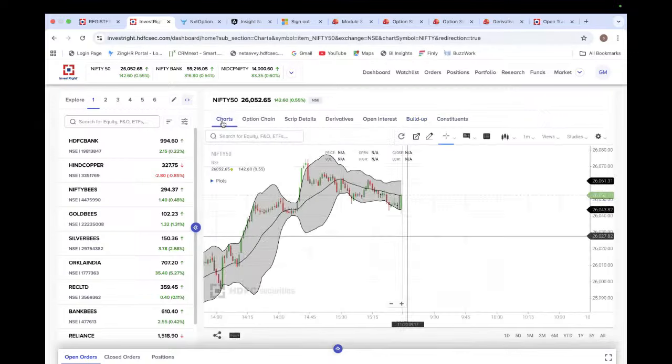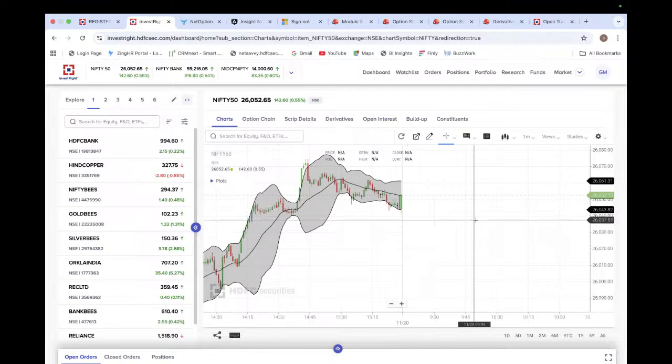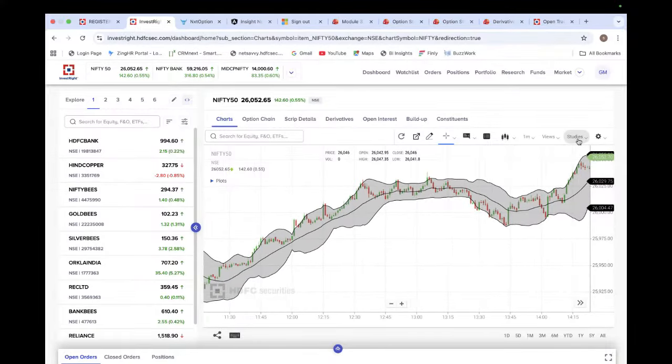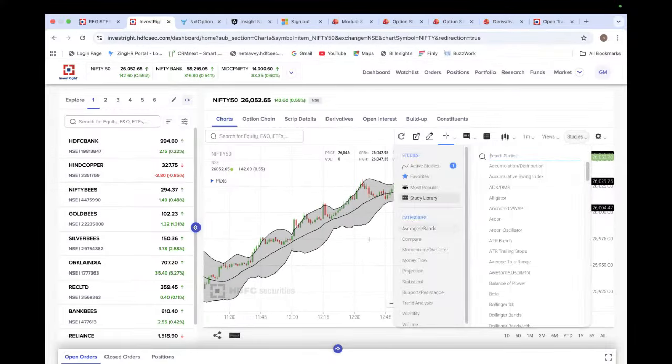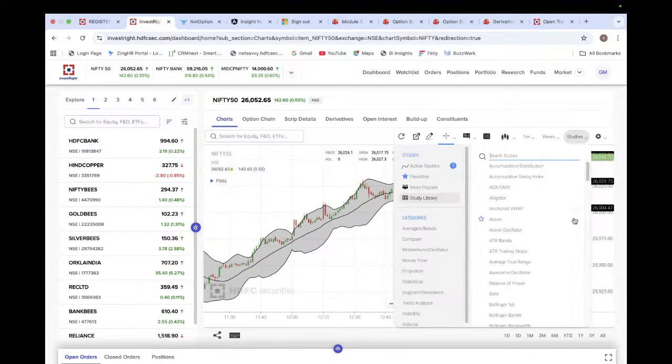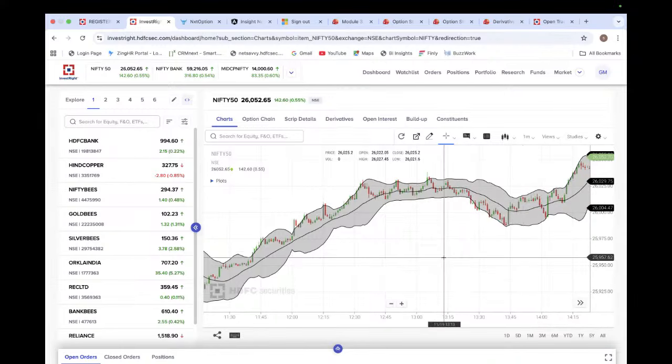Of course this is something very basic, but very important, because there are a lot of price action based traders who go by what is happening on the charts. So we also have charts over here. You can place multiple studies over here. Right now on my screen there is Bollinger Bands. You can also place multiple other studies and study your chart.